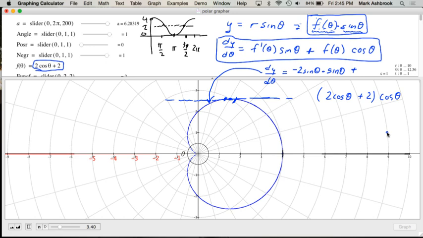So now we just do the math and see what happens, right? So I got -2 sine squared theta plus 2 cosine squared theta plus 2 cosine theta.